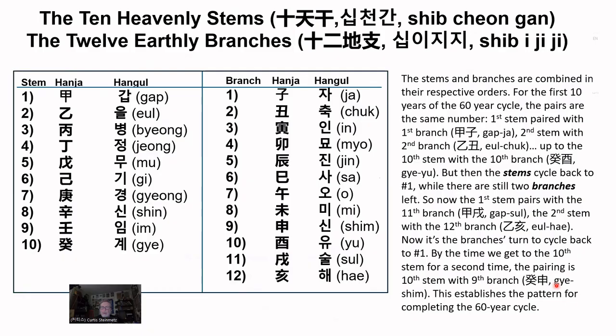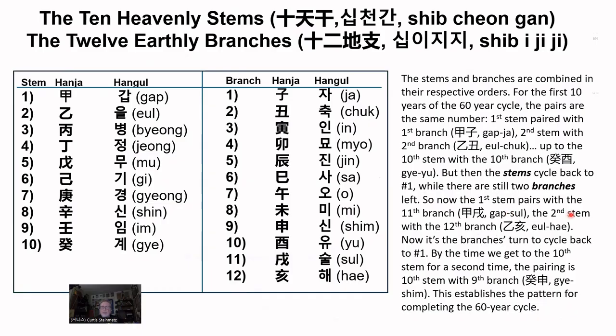I have that down here. Okay, Shin was 10th and 9th. Okay, right. Now, Gap Sul. That's what I just said. That's the 11th year.